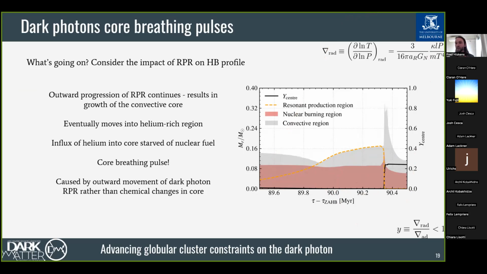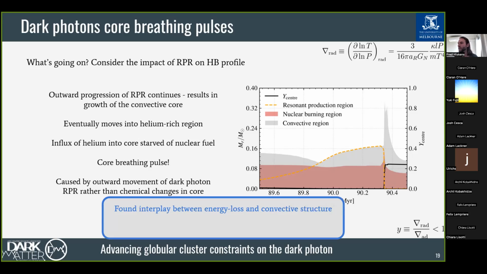I should distinguish here, though, that unlike standard core breathing pulses, which are caused by an instability of the convective core boundary, which again comes from chemical changes in the core, this is literally just caused by the outward movement of a dark photon resonant production region. And so basically what we found here is some interesting interplay between the additional energy loss mechanism and the convective structure of this horizontal branch star.